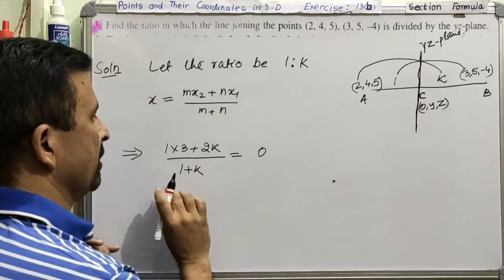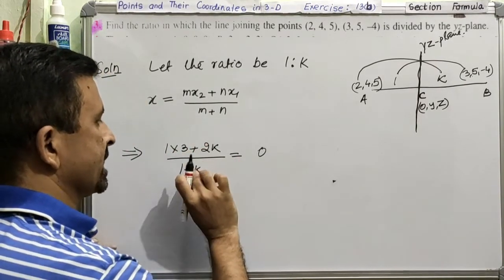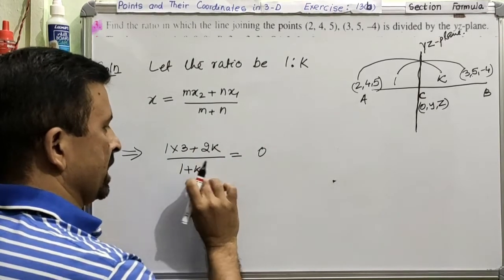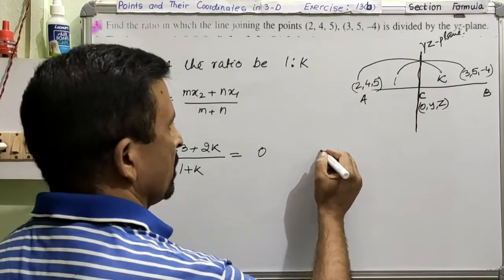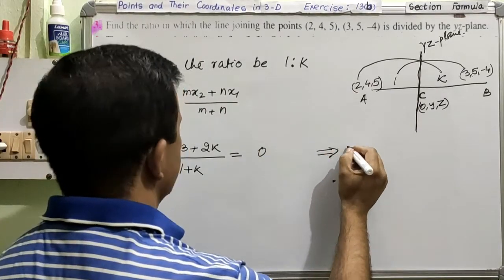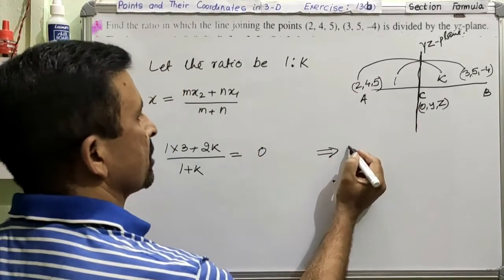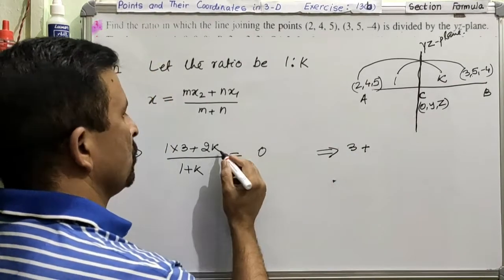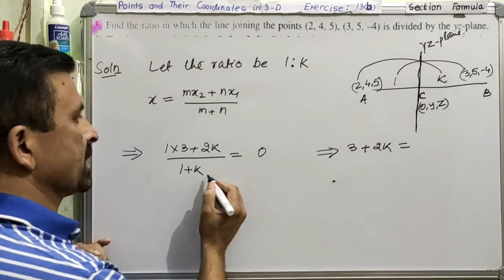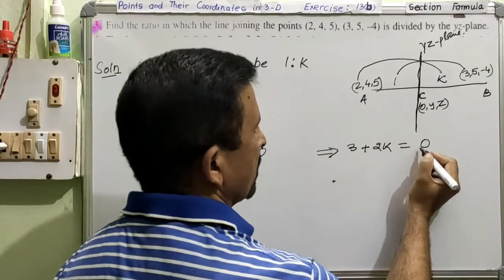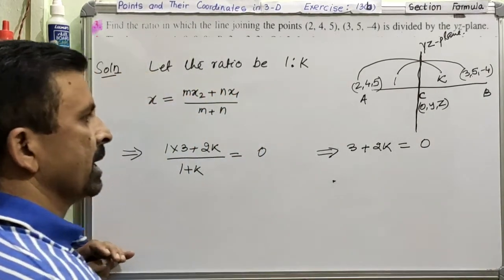Now let us simplify. First of all, we will simplify this, and at the same time we will do the cross multiplication. So when this is taken to the right hand side, this multiplying by 0 will become 0. So this implies 1 into 3, 3 plus 2k is equal to 1 plus k into 0, which is 0. Now from here we will calculate the value of k.